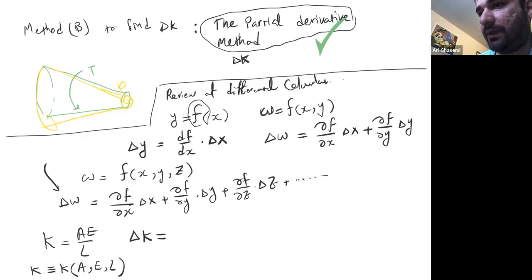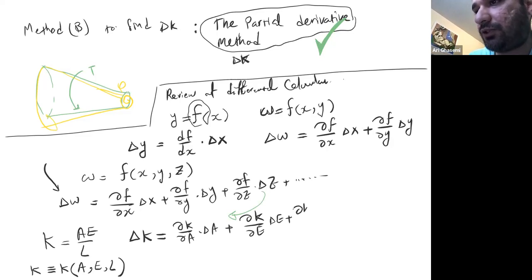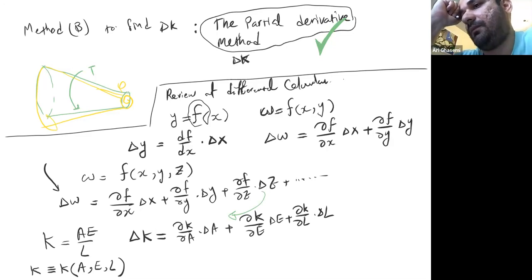Consistently use this formula. You say the derivative with respect to the first variable, which is partial K, partial A, delta A, plus the derivative with respect to the second variable, partial K, partial E, delta E, plus the derivative with respect to the third variable, partial K, partial L, delta L. That's it.